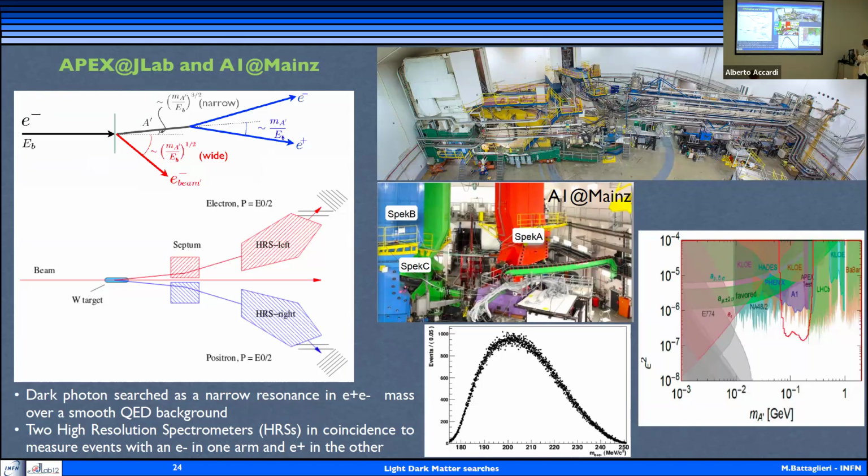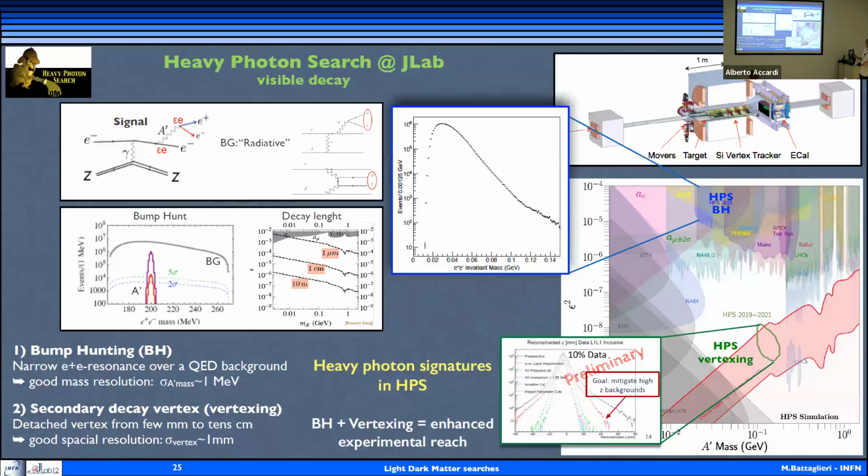So far, I will show you an updated plot. HPS is another experiment running at JLab. It's not fully run, it's partially run. There will probably be another shot next year. Again, you have exactly the same concept. You are looking for visible decay of A prime produced by an electron beam hitting a tungsten radiator.